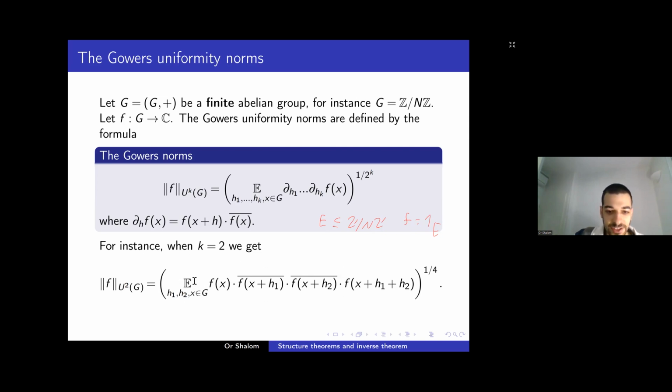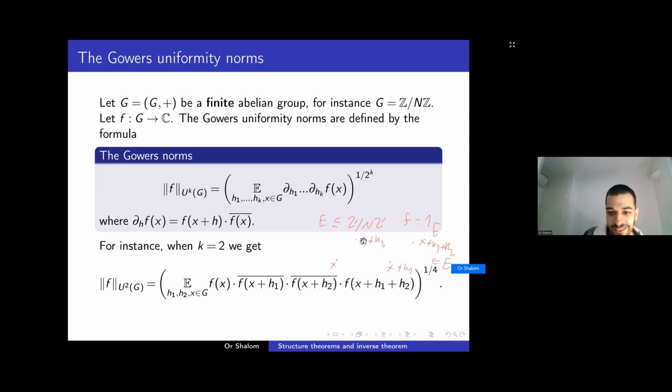And if we average a quantity that is either 1 or 0, then we are counting. The question is what we are counting. This product is 1 exactly when x plus h1, x plus h2, x plus h1 plus h2, these elements are in E.